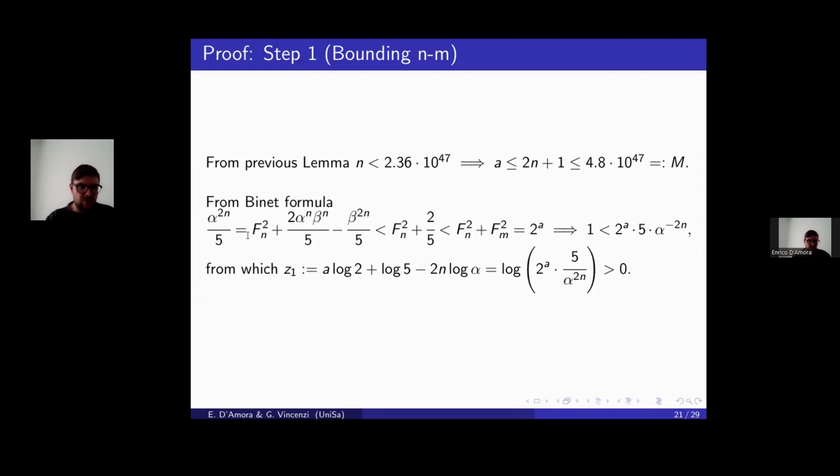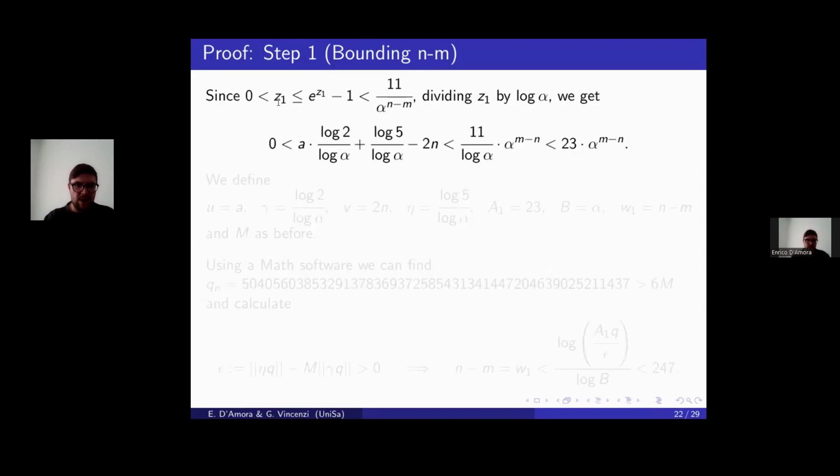So this is the Binet formula, we use the Binet formula, and we obtain this inequality, and applying logarithm on left and right, we define Z1 as the log of the right side of the inequality, and using a simple inequality here, Z1 is less than e to the power of Z1 minus 1, but this is lambda 1, and we know that it is bounded by this expression.